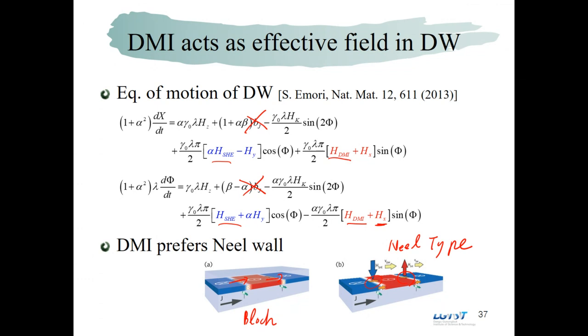So this DMI combined with the spin Hall effect, this is the spin injection from the heavy metal layer. Then there is some torque on this domain wall magnetization direction. So we can easily move the domain wall by the combination of the DMI and the spin Hall effect together.